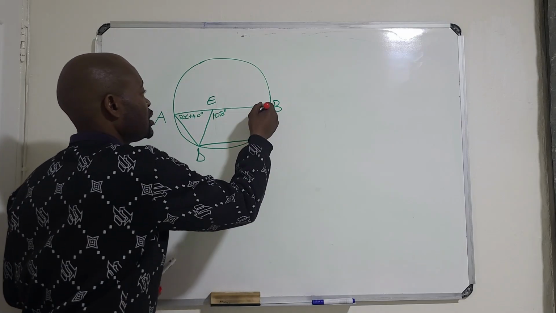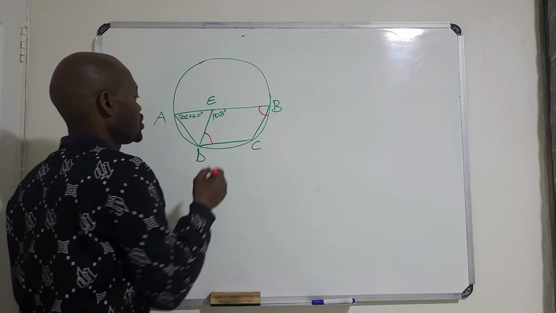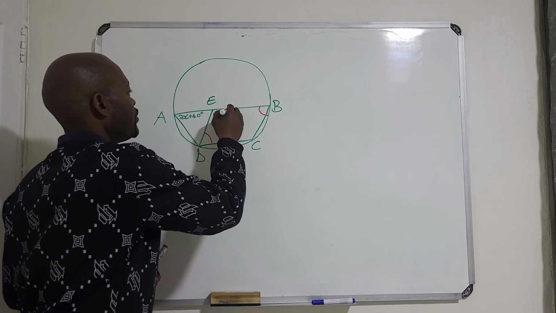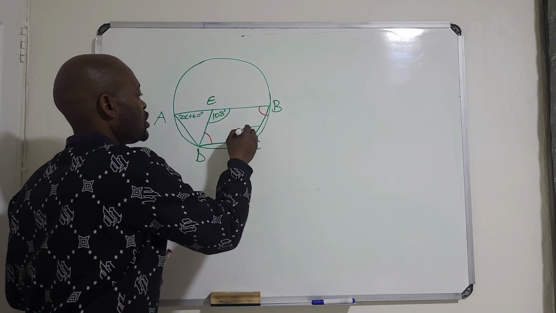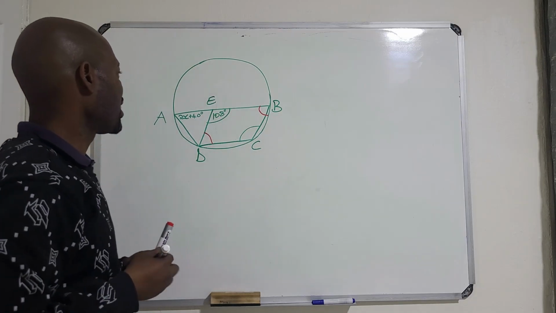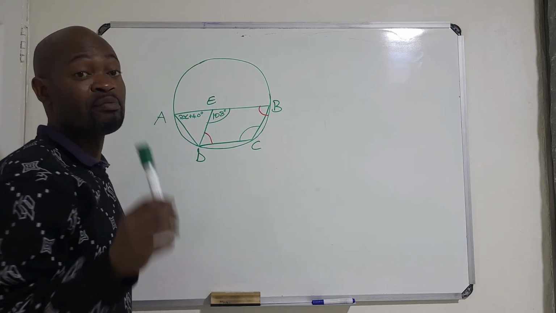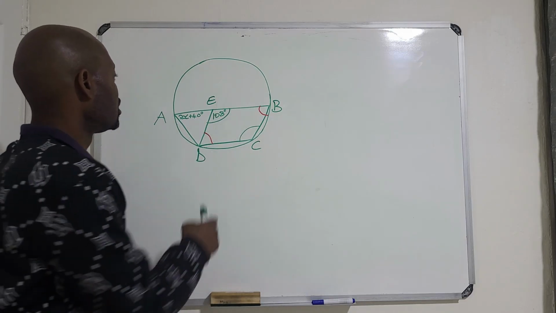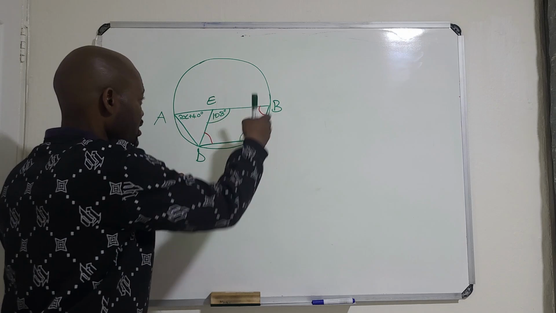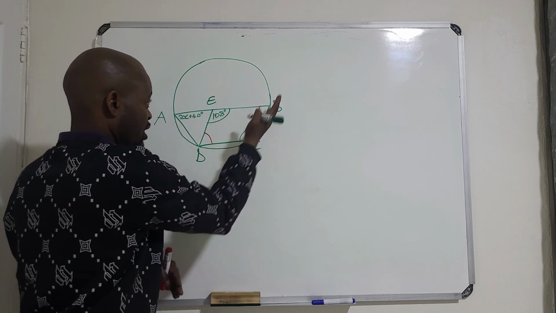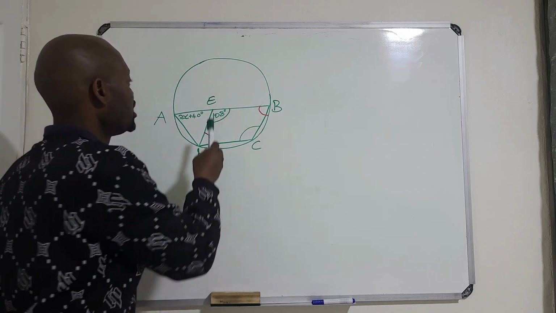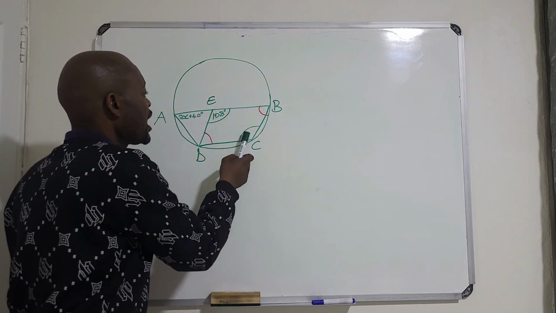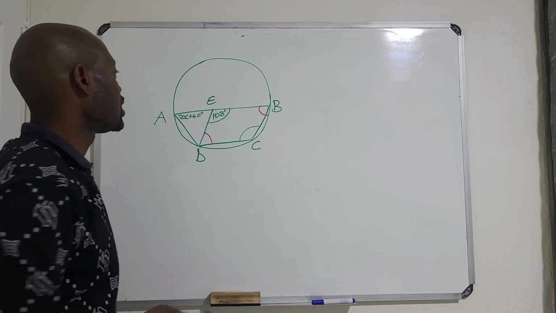This angle is equal to that angle in a parallelogram. This angle is equal to that angle in a parallelogram. Therefore, in a parallelogram, opposite sides are equal and opposite angles are also equal.